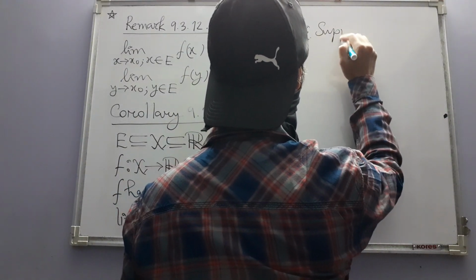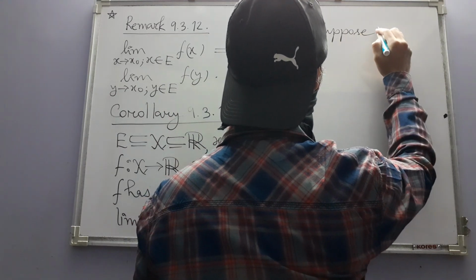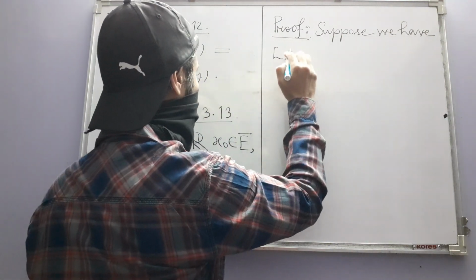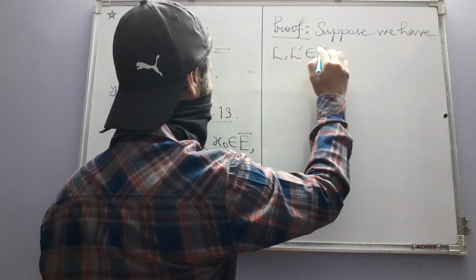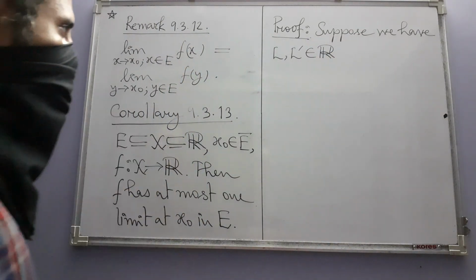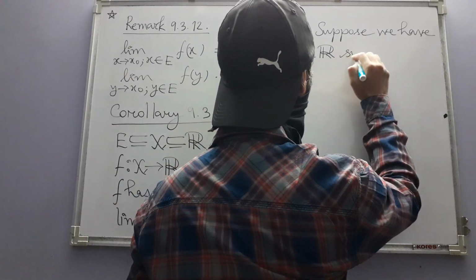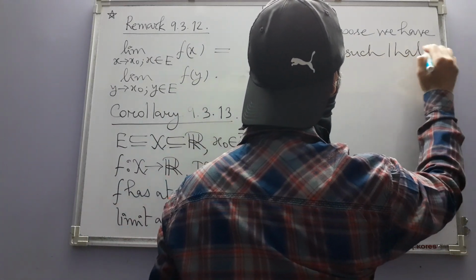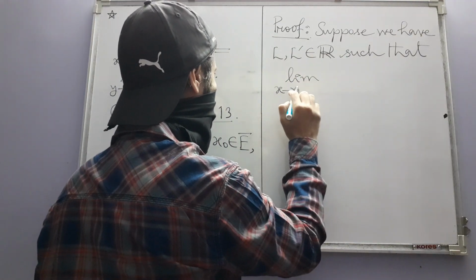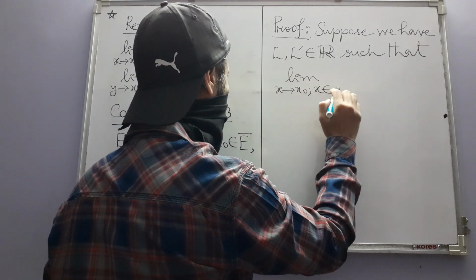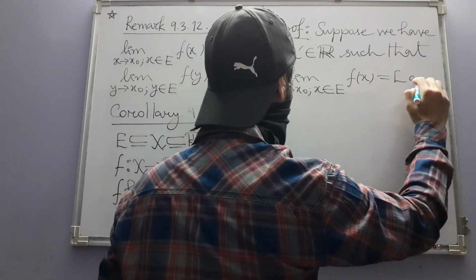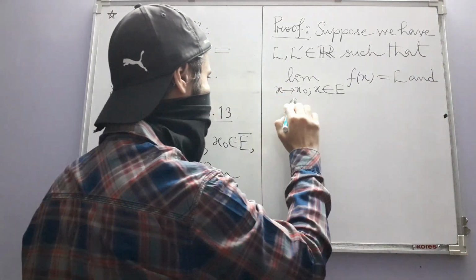Suppose we have two real numbers L and L prime such that this is L and at the same time this is also L prime.